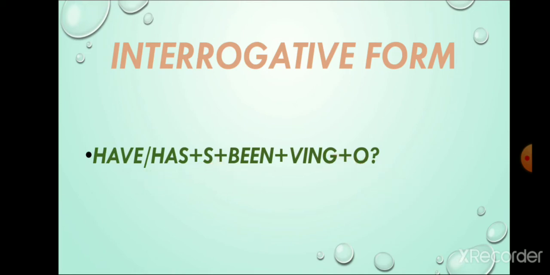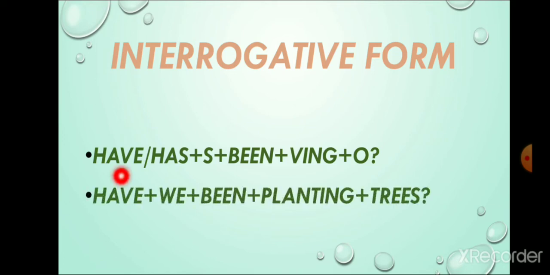So we should see some sentences here, examples here. Have, we, this is subject, been, VING form planting, and object trees. Then how to read: have we been planting trees? In this way we have completely used the helping verb, subject, been and VING and object also.